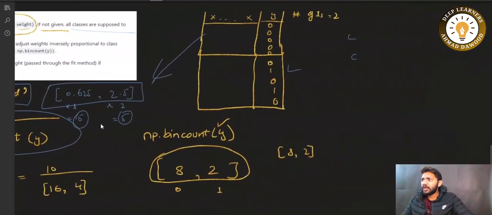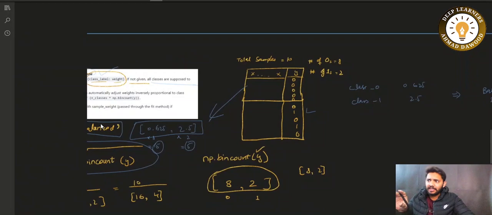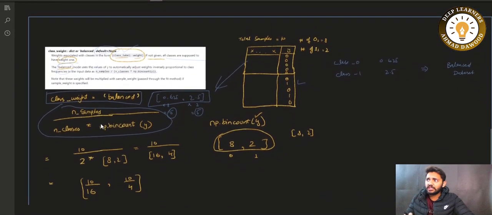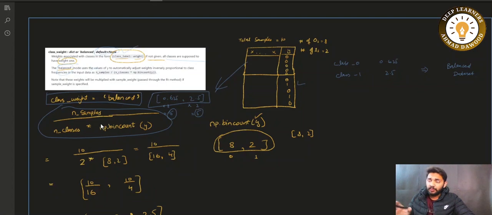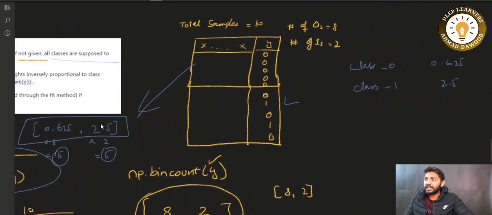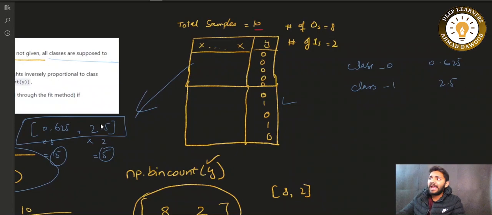Let's say you have this data set. I am copying exactly the same example that I gave in the logistic regression hyperparameter class, so that you can get a quick recap. If your data set has a total of 10 samples, with 8 samples belonging to the zero class and 2 samples belonging to the one class, this is a very unbalanced data set.